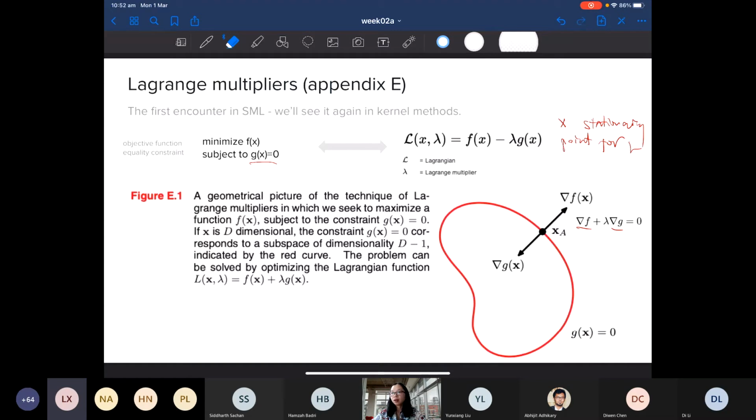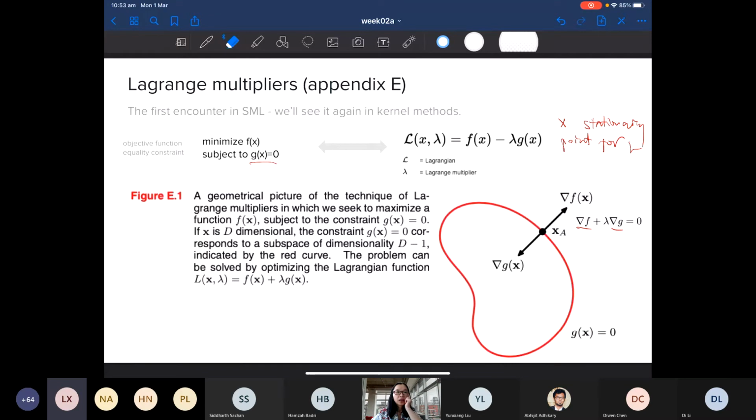That means the fastest way to change the value of g is perpendicular to the surface. This argument has nothing to do with the L function upstairs, but basically for any surface, the gradient of the surface is perpendicular to it. This is also calculus 101.